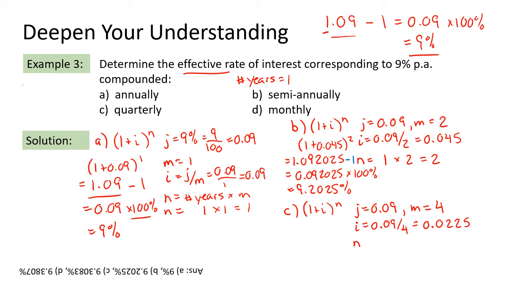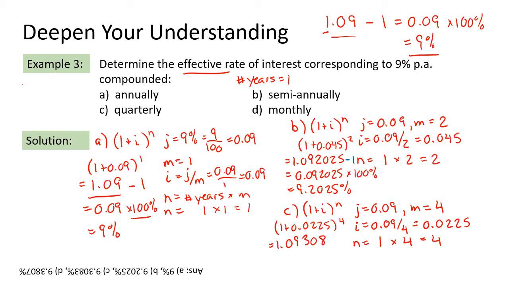So now our number of compounding periods, n, is equal to 1 multiplied by 4, which gives us 4. So substituting these values in, we get 1 plus 0.0225 to the exponent 4.